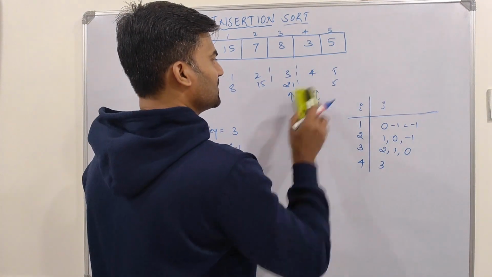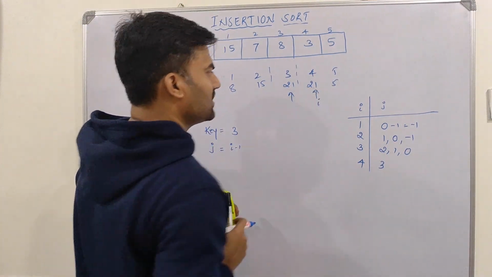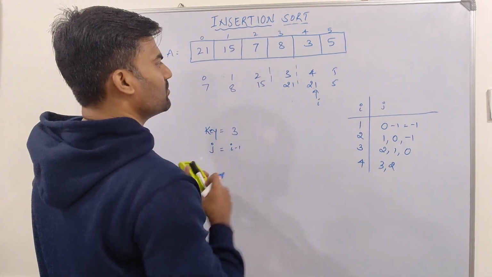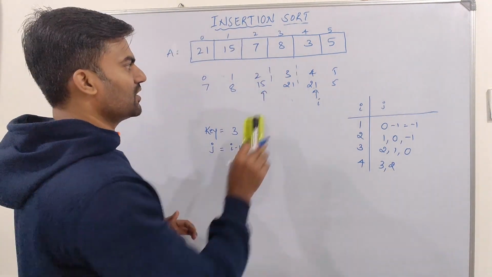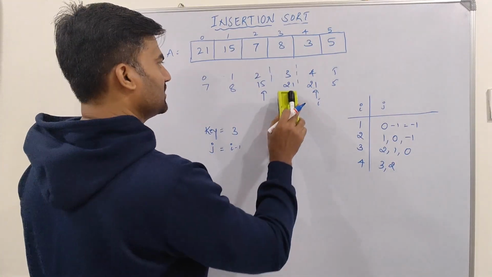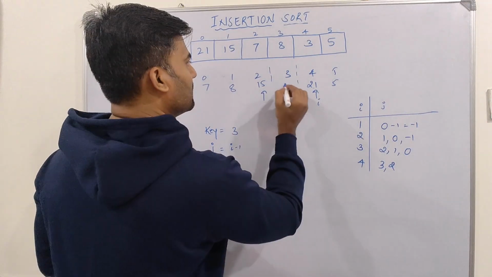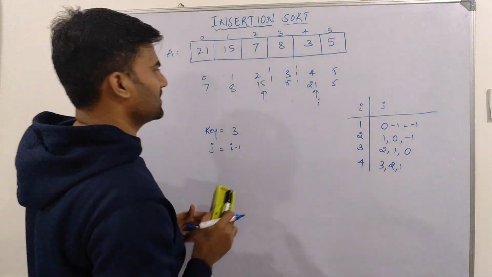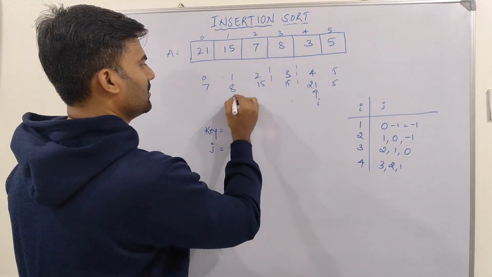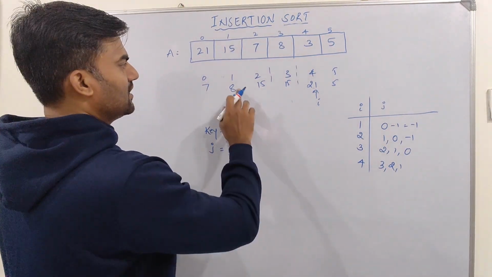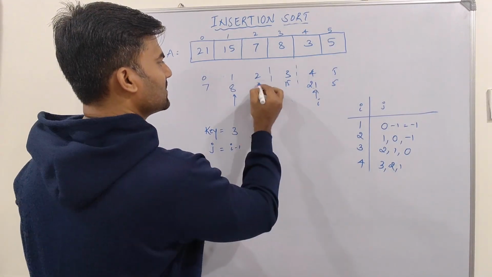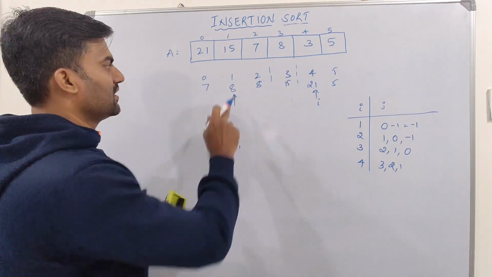So I'll replace the j plus 1th element with 21 and I'll decrease my j. So j points here. Okay, 15 is still greater than 3. So I will replace this with 15. And now 8 is still greater than 3. So this value gets replaced with 8.